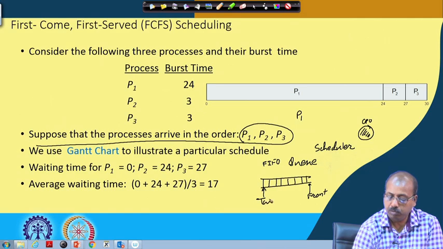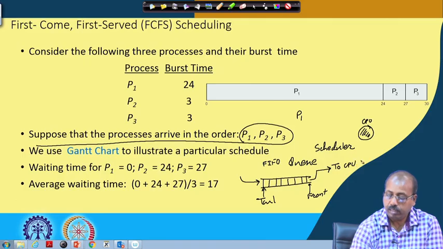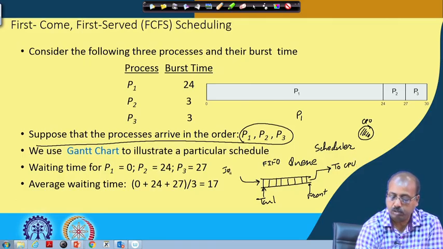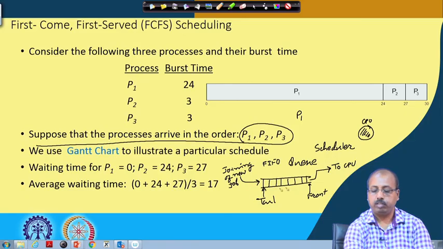Whenever a new job comes, it joins at the tail end, and whenever a job has to be given to the CPU, it is taken from the front end. So the jobs are joining into the queue, and the scheduler is taking from the front.